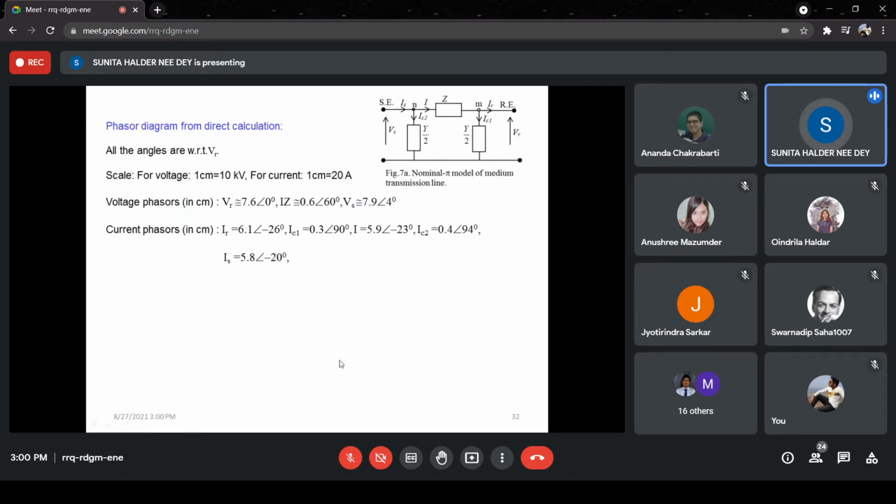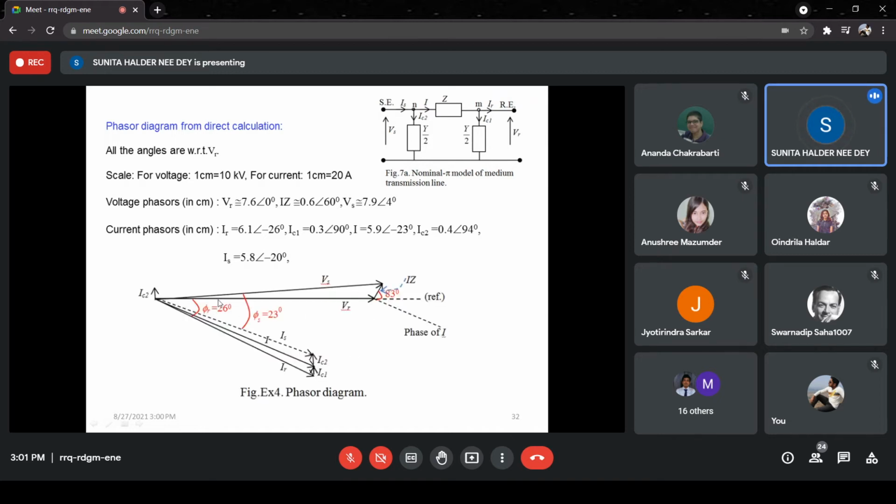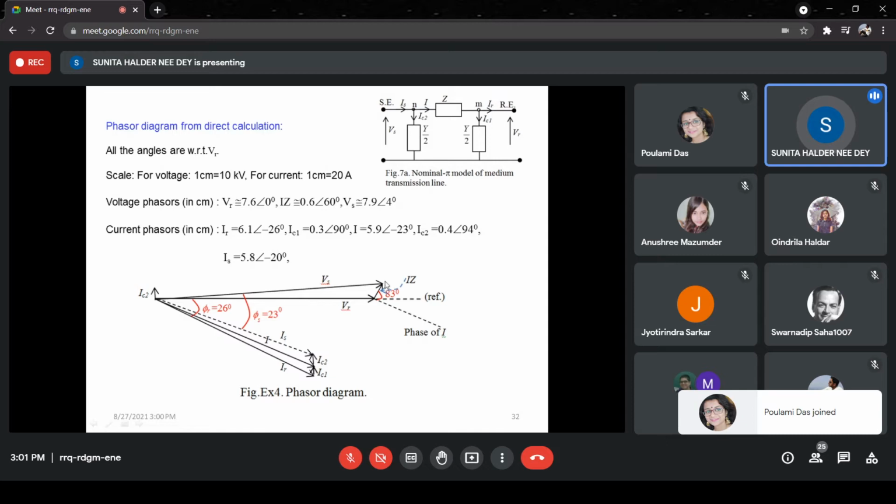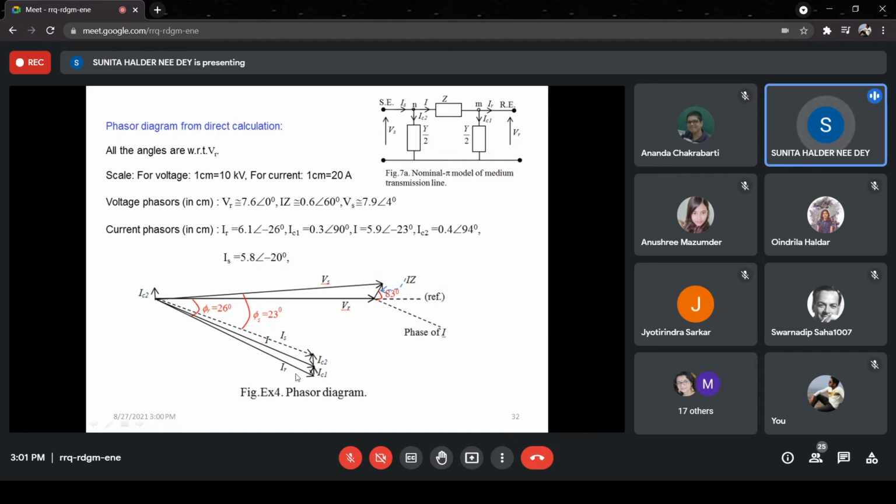So now if we want to draw the phasor diagram, the components will not be A VR plus B IR, but Vs will be equal to VR plus IZ, and Is will be equal to IC1 plus IR plus IC2. So Vs will be VR plus IZ directly, and Is will be built from IR; I do not know whether you can understand or not.